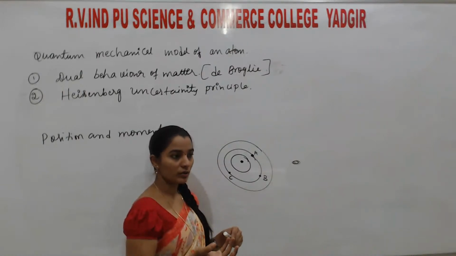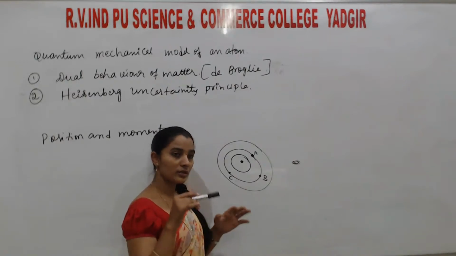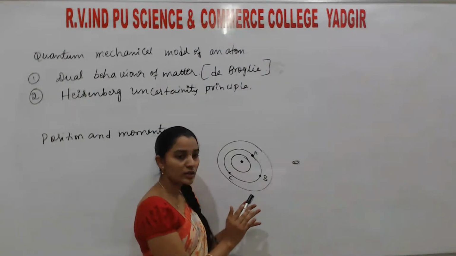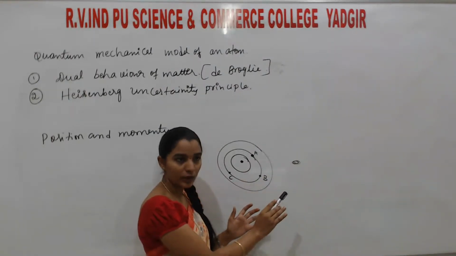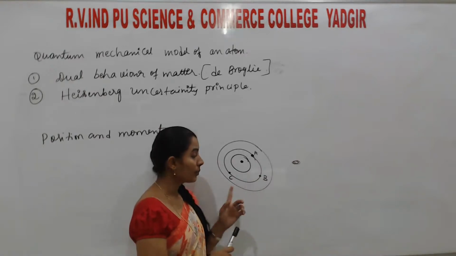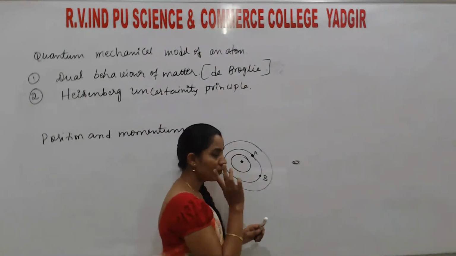Rotation and revolution, you know that. Similarly, the rotation of an electron is spin angular momentum. The revolution of an electron is orbital angular momentum. Understood? So two types of momentum.